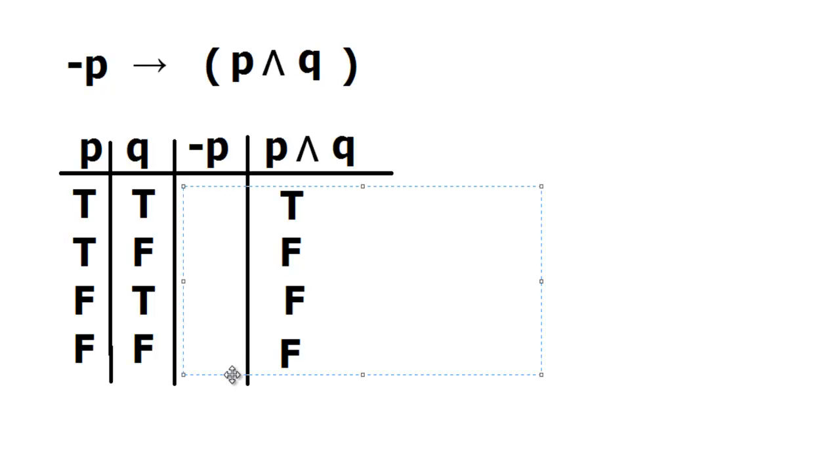P is true, so negative P would be false. P is true again, so that will be false. Here P is false, so this will be true. P is false, so this will be true again. That's how these values match up.